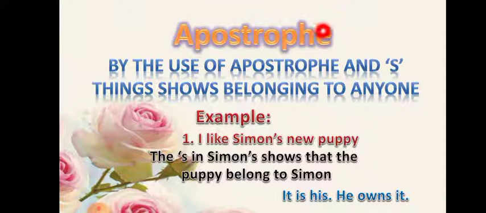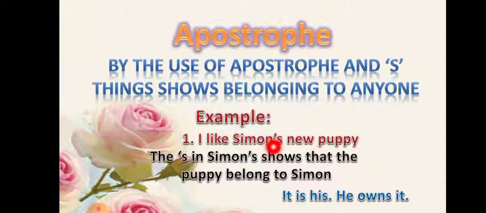By the use of apostrophe and S, we show that things belong to someone. As you can see in this sentence, there is a sign above the letter N. This sign is called an apostrophe.